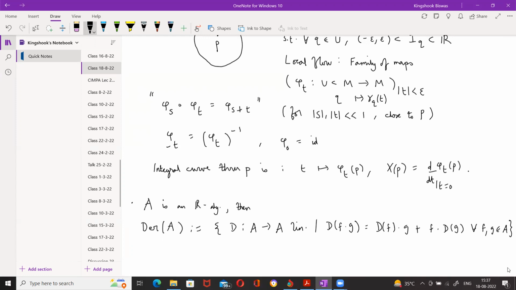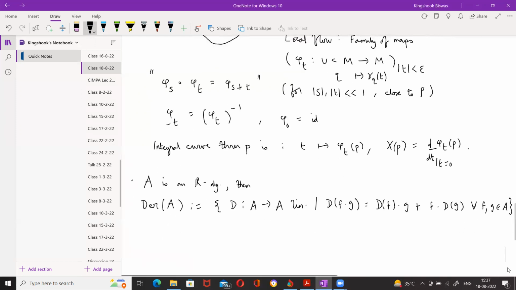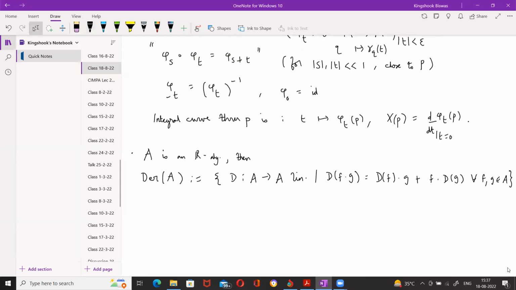Okay. So what's an example? Example: you take A to be, let's say, the polynomial ring in one variable. And I can take D to be the map from A to A, which is just d/dx.